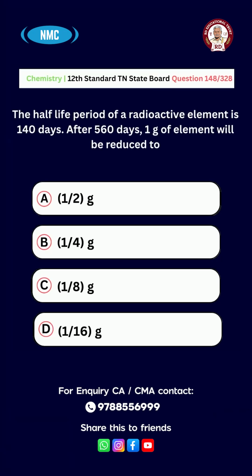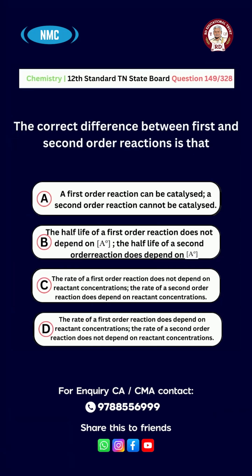Question number 148. The half-life period of a radioactive element is 140 days. After 560 days, 1 gram of element will be reduced to option A 1 by 2 gram, option B 1 by 4 gram, option C 1 by 8 gram, option D 1 by 16 gram. The correct option is option D 1 by 16 gram.